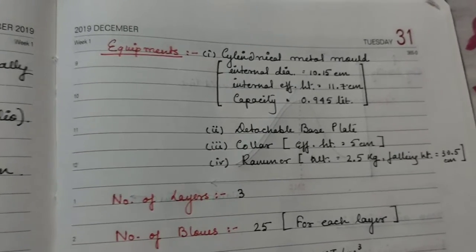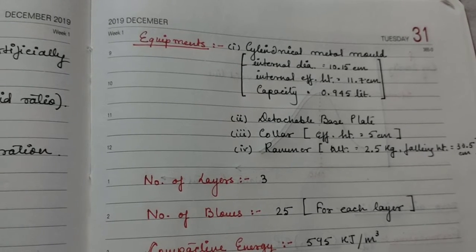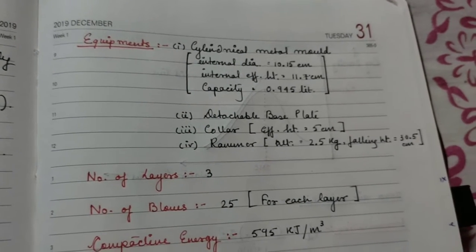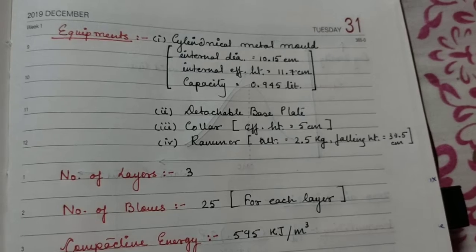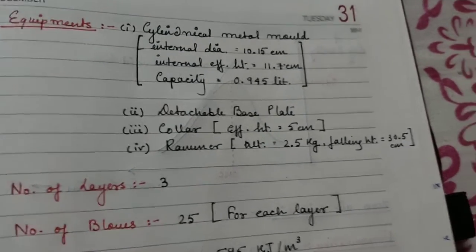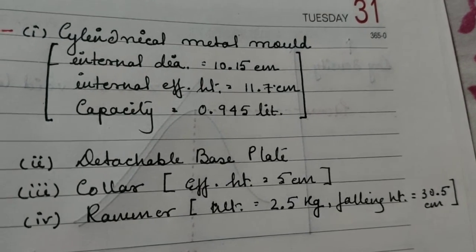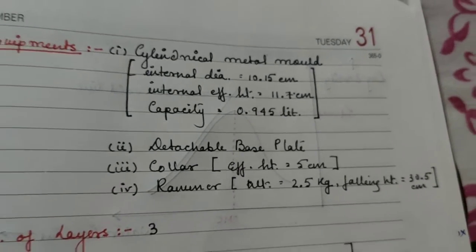It also consists of a detachable base plate, a collar of 5 cm in effective height, and a rammer having weight 2.5 kg which falls through a height of 30.5 cm.